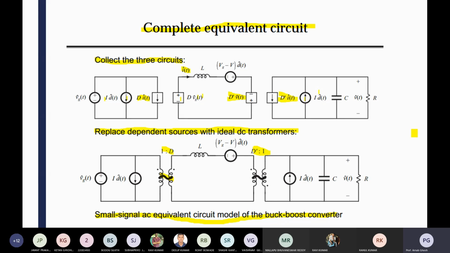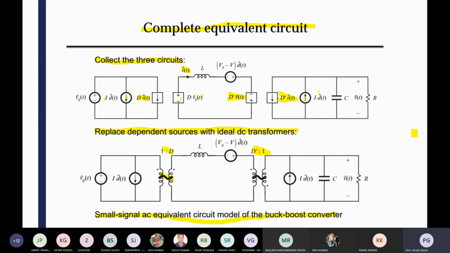That is your homework for tomorrow's class, after MP Madam's class is completed. If you are able to understand all my steps, you will be able to solve the mathematical steps for small signal modeling of the buck converter and boost converter. I took the example of the buck boost converter.